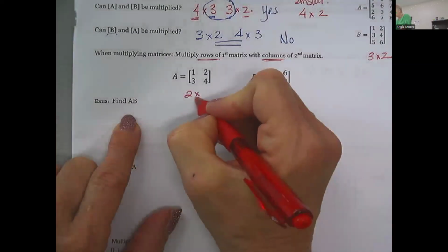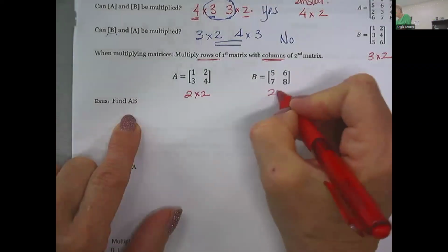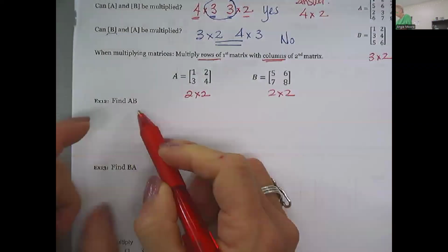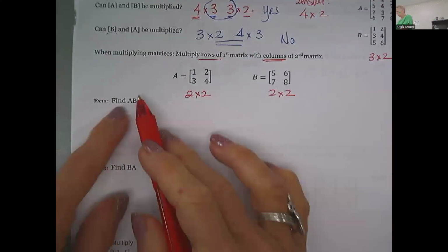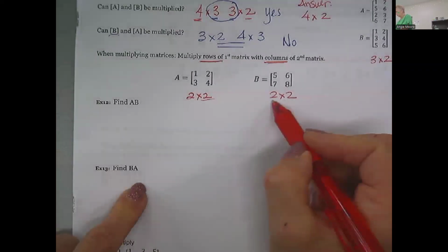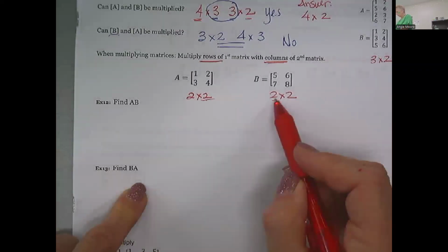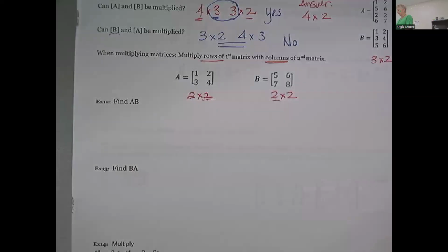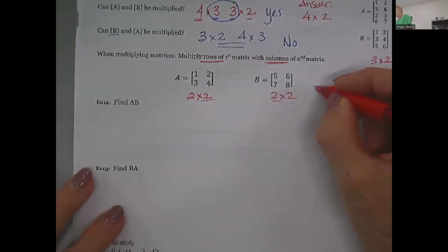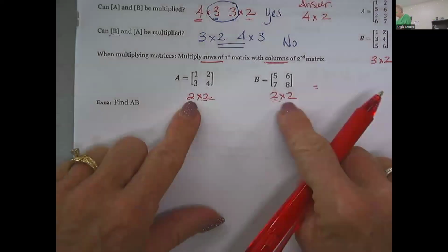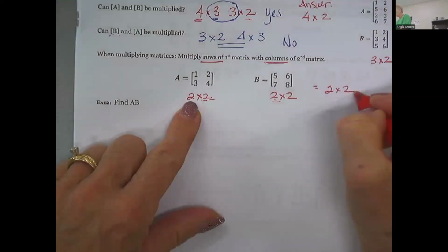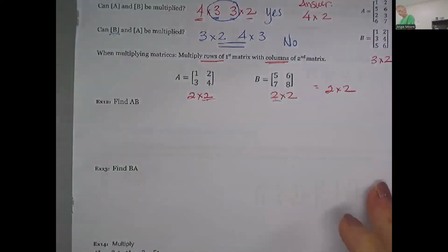This is a 2 by 2. This is a 2 by 2. So I should be able to do either one of these because my columns will match my rows either way I write this. And my answer should end up giving me a 2 by 2. All right, so we're going to start off and go slow.